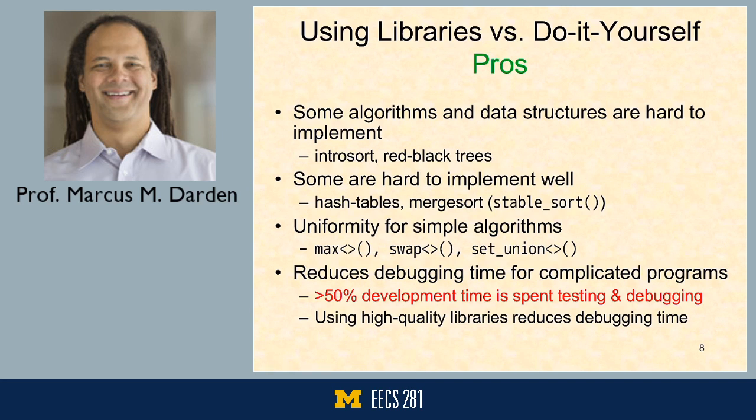Another good thing about a library is they are done by committee. They are well planned out, and they have an approach that works for all aspects of the library. So you get this uniformity. All of the algorithms that do a certain sort of thing are going to have the same types of interface, regardless of what library file they're in. They're going to use the same ordering of parameters.